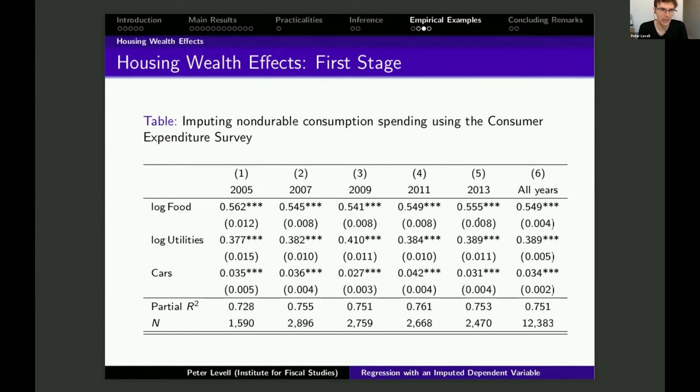Starting off looking at the first stage, we're imputing consumption spending using a combination of food spending, utility spending, and spending on cars. We're looking at these for different years and for all years. As you can see, the partial R squared in these regressions is quite stable. It's around 0.75. That's going to lead to a bias in our estimates if we use just a simple regression prediction approach.